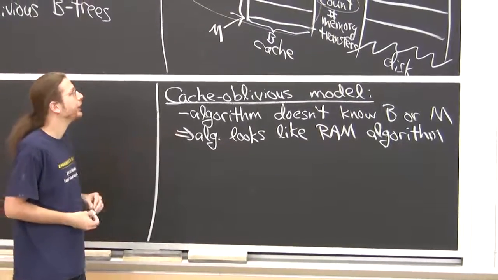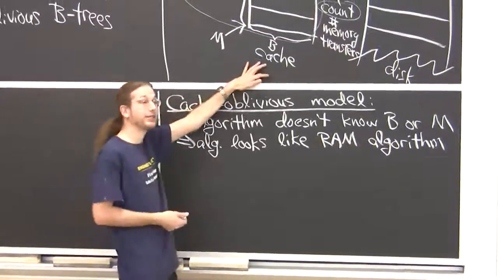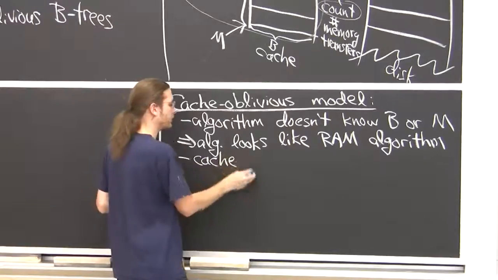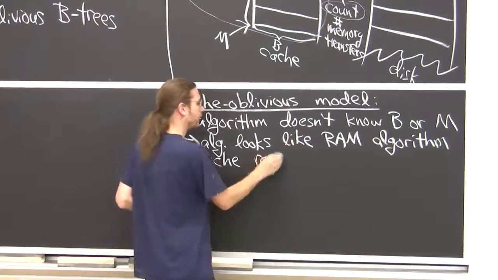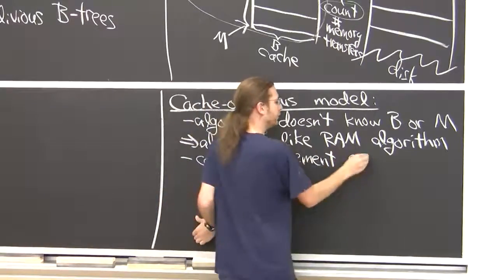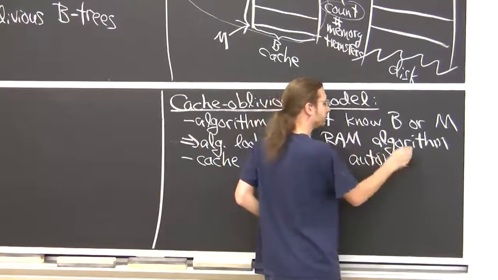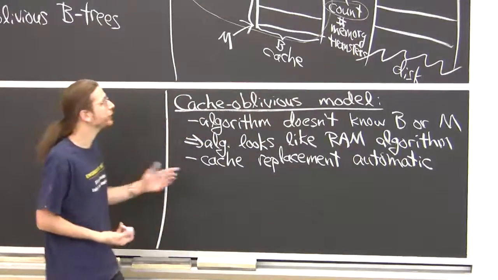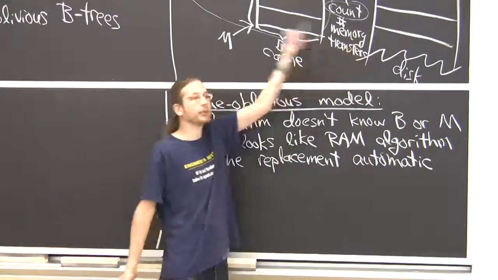Now we're going to assume that the cache is maintained automatically. In particular, the way that blocks are replaced becomes automatic. So the assumption is when you read a word from memory, the entire block comes over.